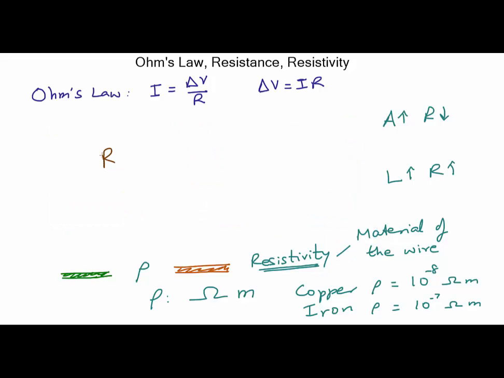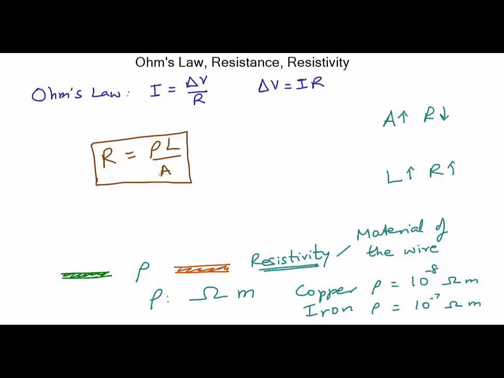The resistance of a wire is given by this equation: R equals rho times L divided by A. So the resistance of a wire equals the resistivity of the material with which the wire is made times the length of the wire divided by the cross-sectional area of the wire.